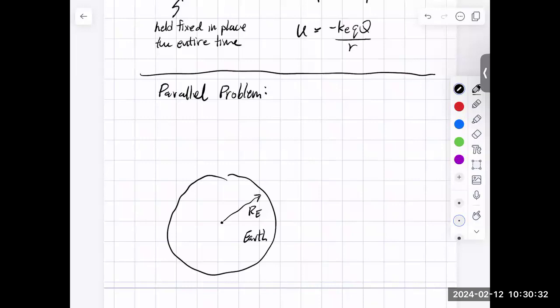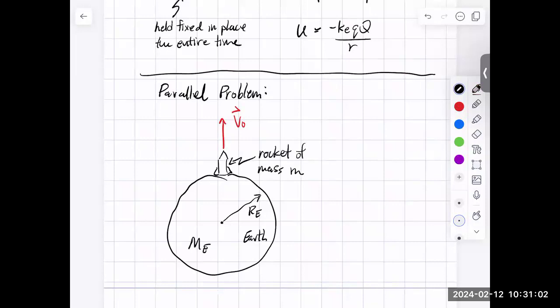Then we put a rocket on the surface of the Earth, and we're going to launch that rocket with some initial velocity directly away from the surface of the Earth. This is going to be a rocket of mass little m, and the Earth has a mass of big M sub e.